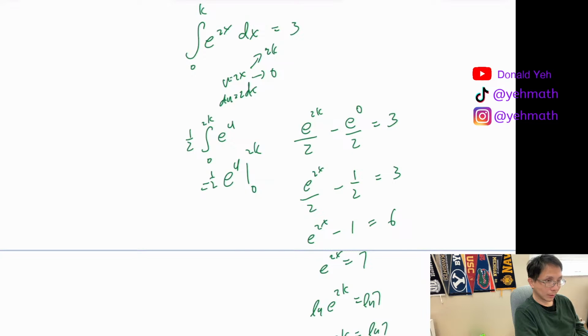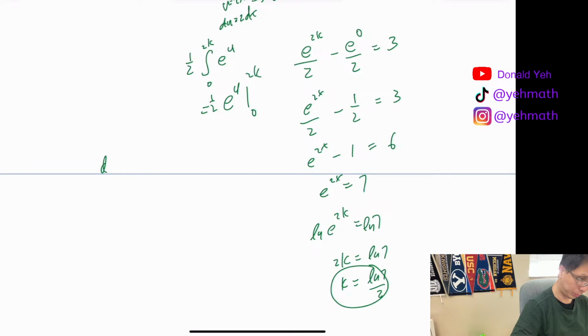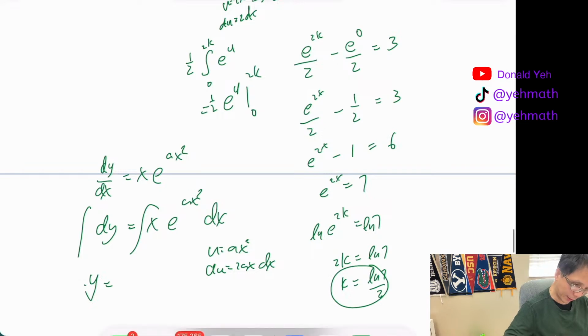Can you do 121 on the bottom of the page? Okay, dy equal to x e to the ax squared dx. Integration of that, y. u equal to ax squared. du equal to 2ax dx. So that is du over 2ax equal to dx.